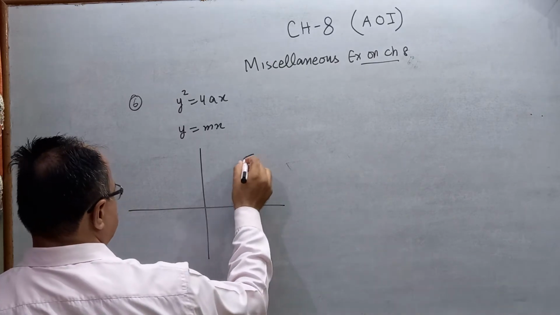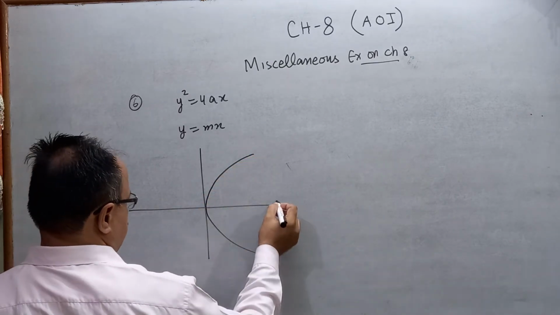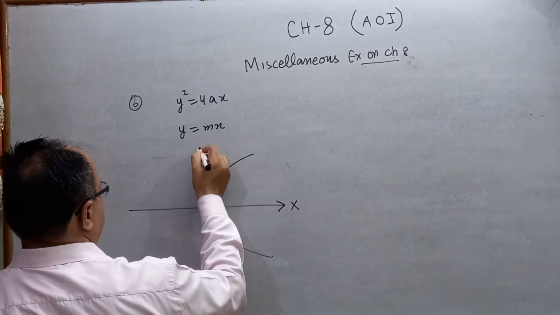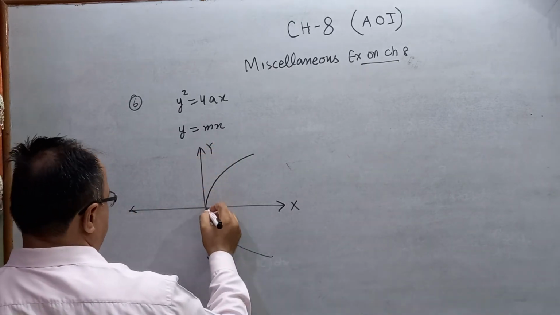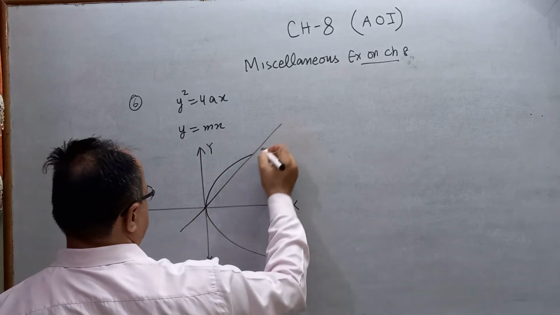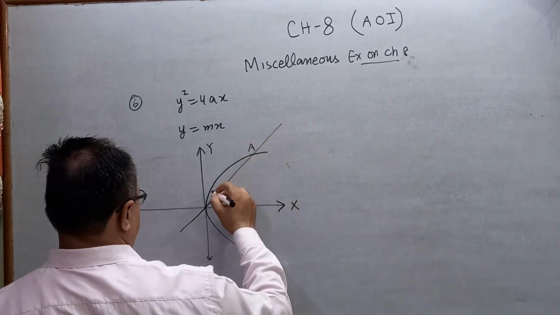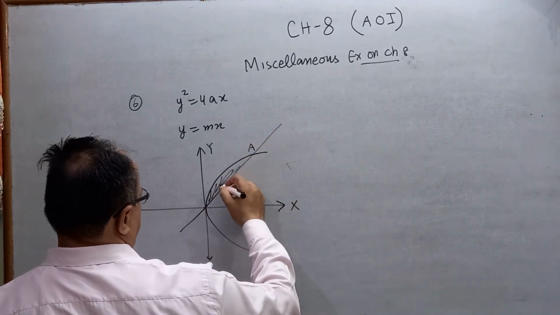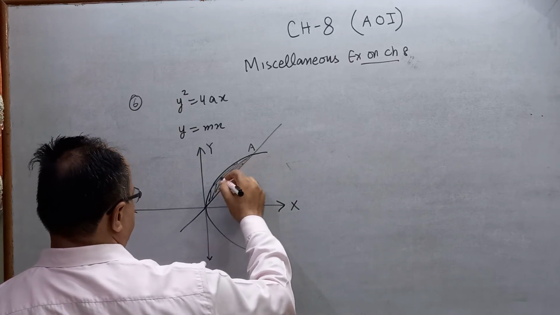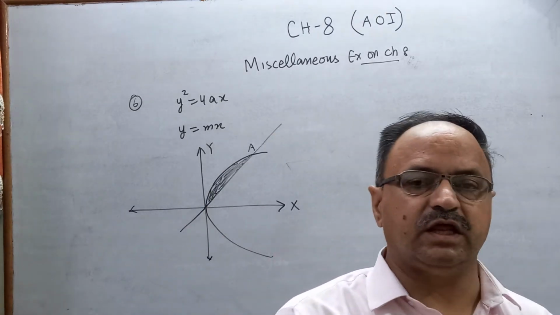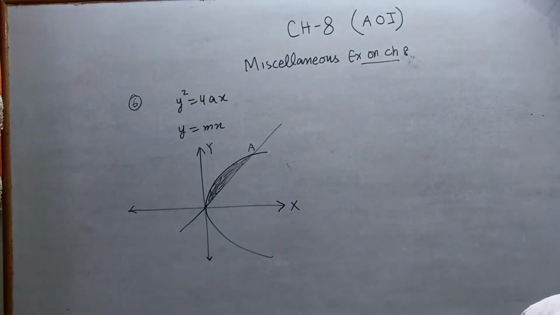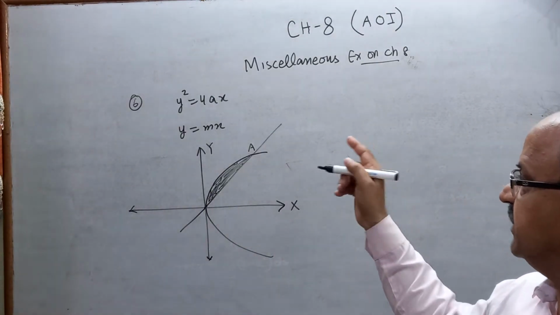You know that this is a right hand parabola, and y is equal to mx means the line passes through the origin. We want to calculate the area of this shaded portion. Now can you find the coordinate of A? A is the point of intersection of both the parabola and the line.